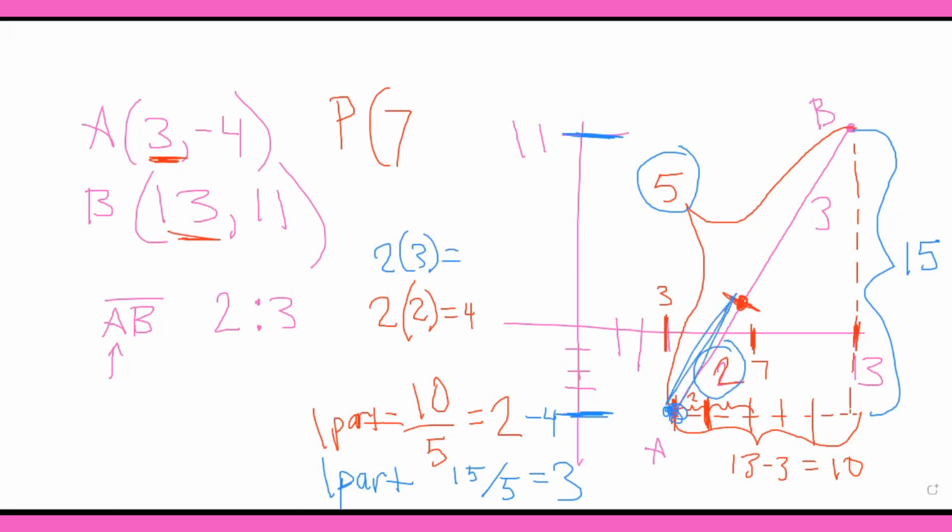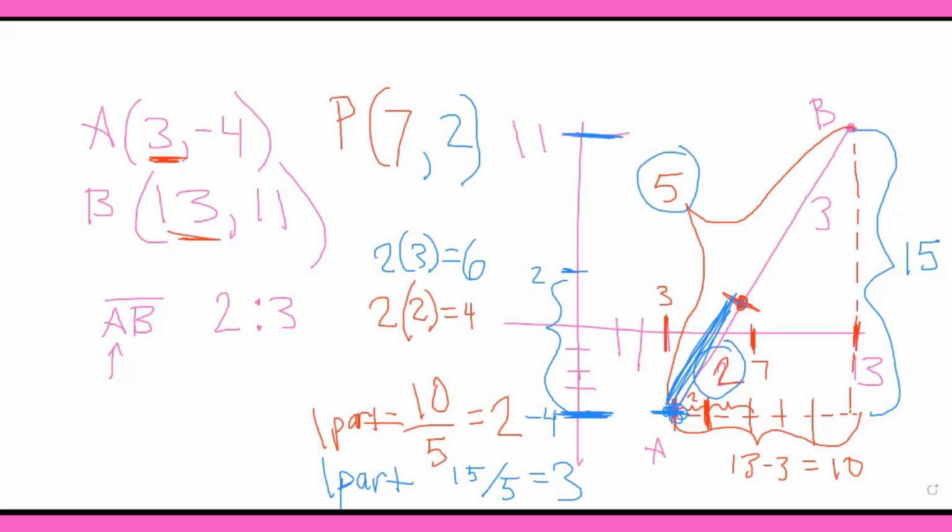So I'm going 2 parts up this line, 2 out of the 5. So 2 times 3 is 6. So from the A, y coordinate is -4, I need to go up 6. So from -4 plus 6, that would get me at +2. So that means my y value is 2.